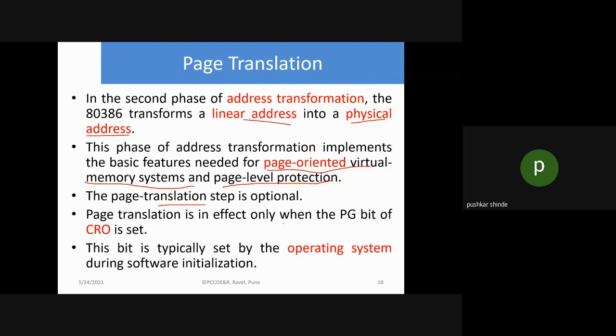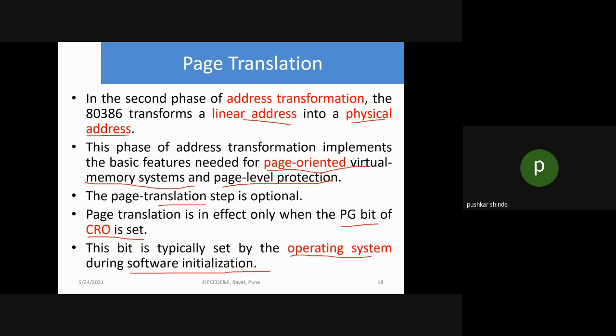It is in effect only when the PG bit of CR0 is set. This bit is typically set by the operating system during software initialization. So the operating system sets this bit of the CR0 register when it wants to enable paging.